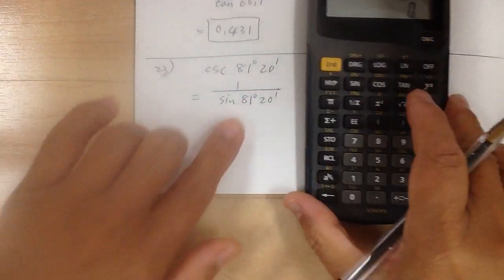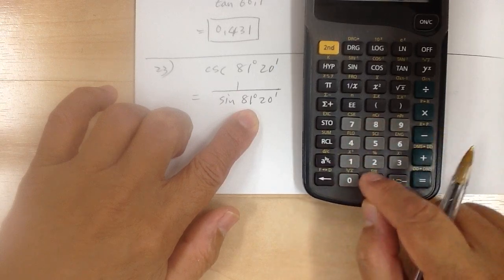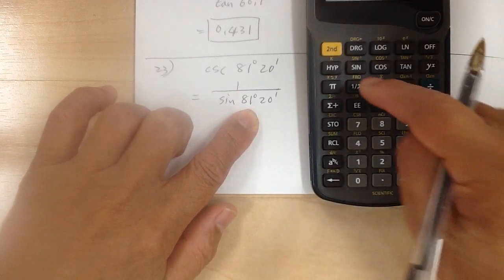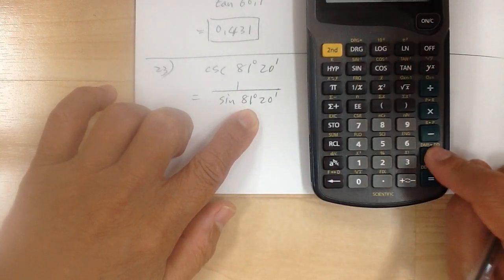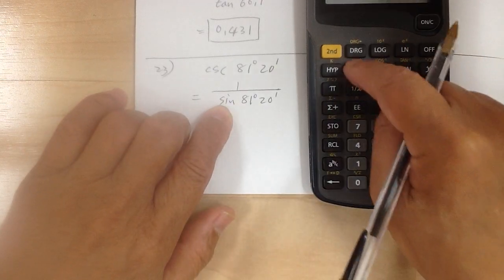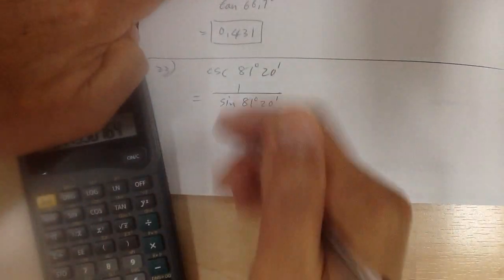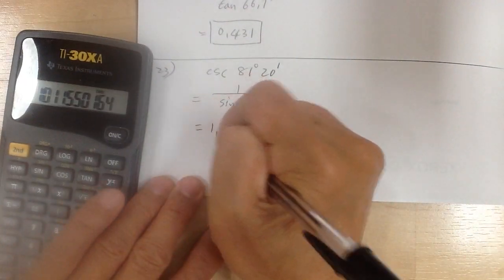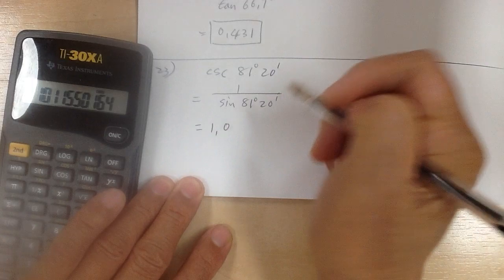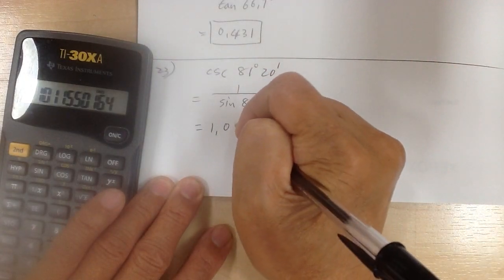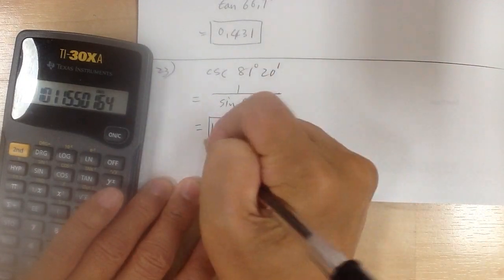So you enter 81.20 and convert into decimal degrees, then take the sine of that and flip it over. This is equal to 1.01115. Again, 3 significant digits would be 1.01.